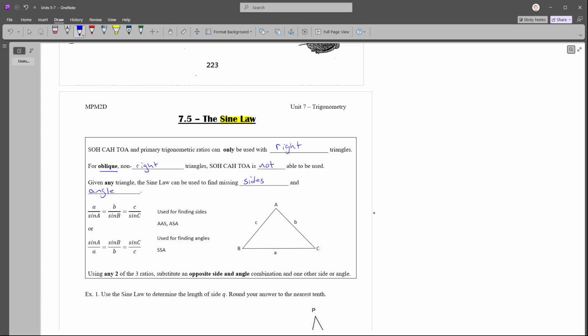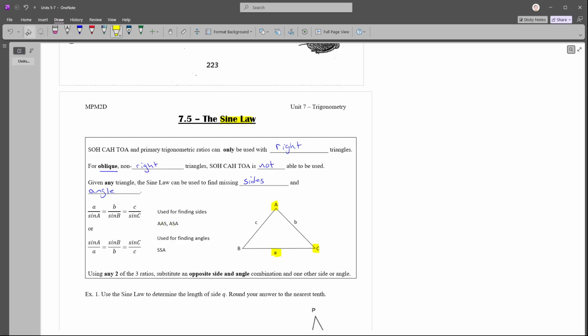So how do we actually apply the sine law? First of all, we have to look at the data given. The triangle is going to give us certain information in certain orders. If I am given an angle followed by the next angle right beside it, followed by a side, this is what we call angle, angle, side.